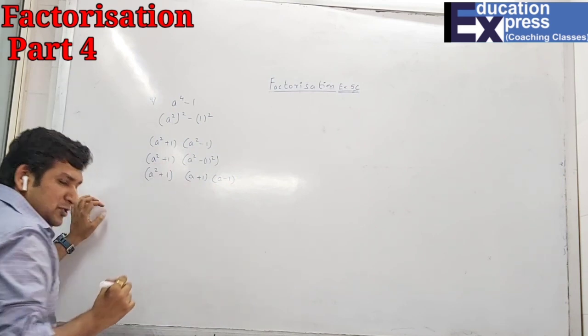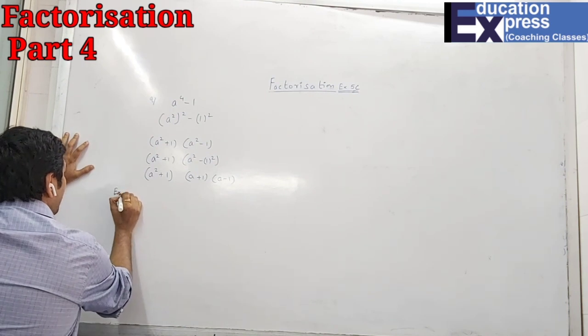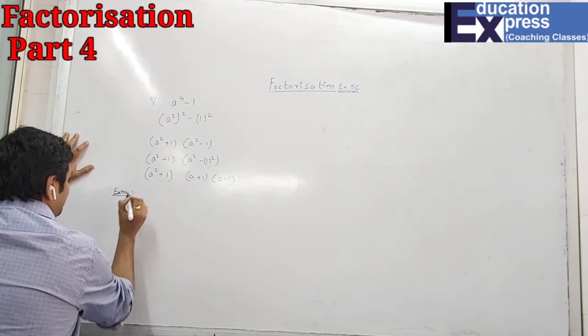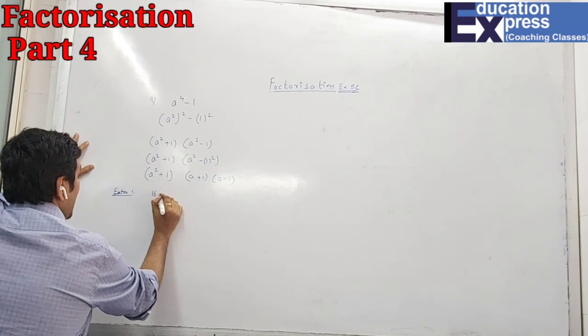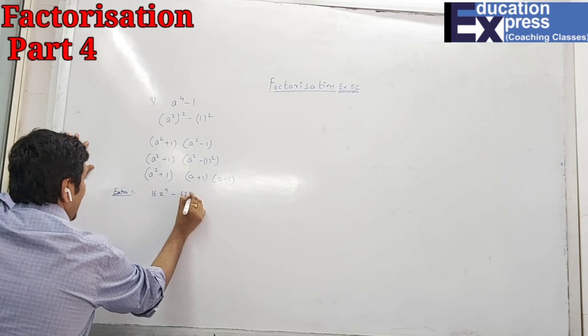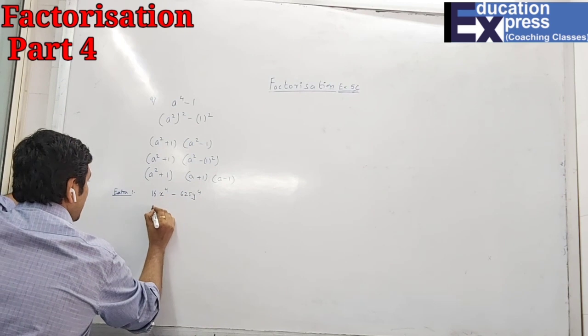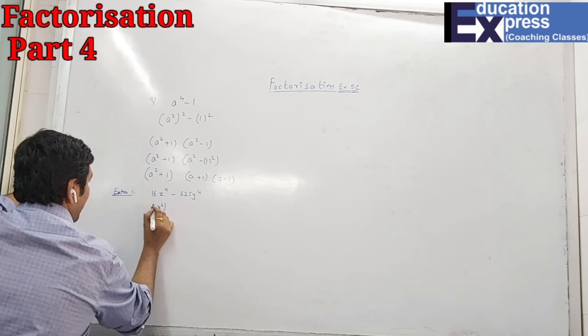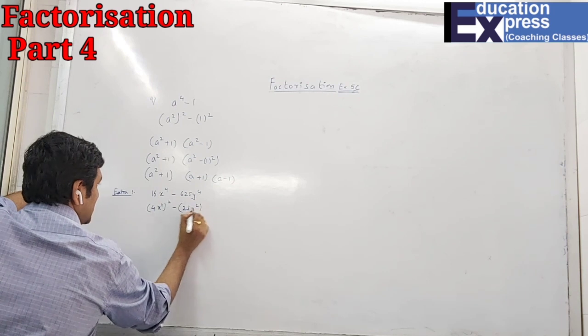I'll give you one more example which is not in the textbook. Extra, based on the same concept. So 16x⁴ minus 625y⁴. So 16 is the square of 4x² and 625 is the square of 25y².